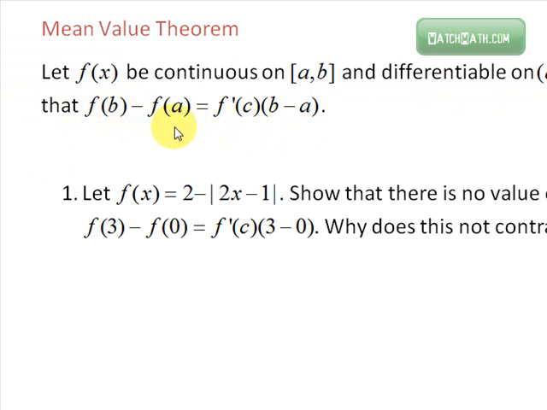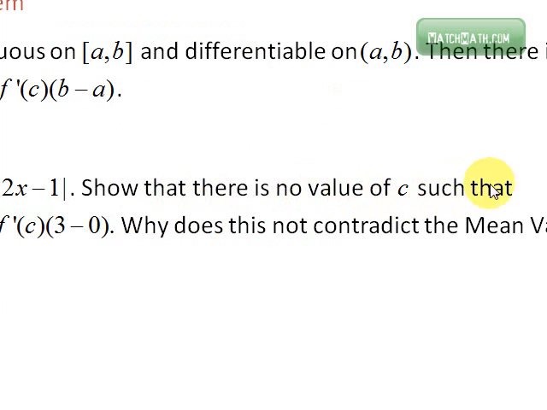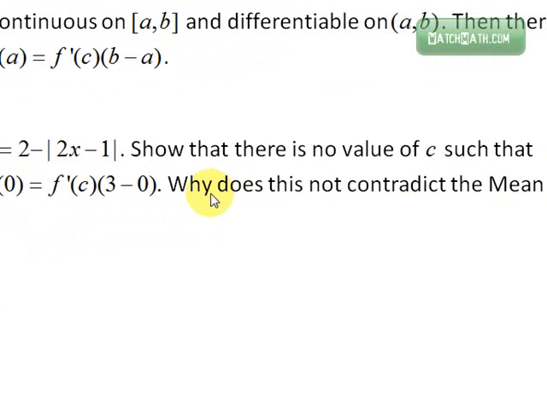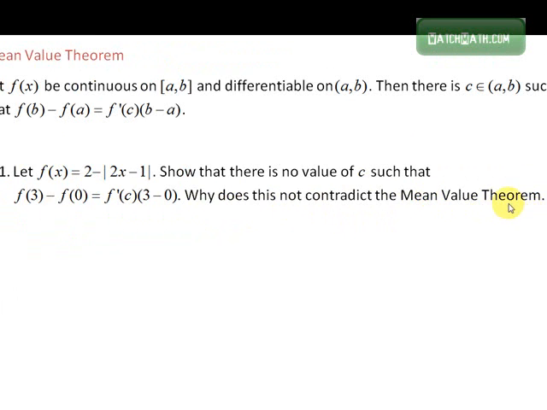Okay, let us first look at the first problem. Here we have a function f of x equals 2 minus the absolute value of x minus 1. Show that there is no value of c such that this equation holds true. Why does this not contradict the mean value theorem?